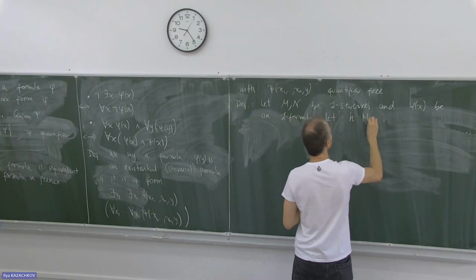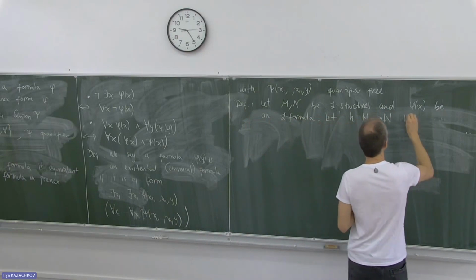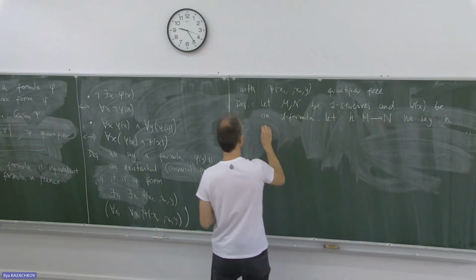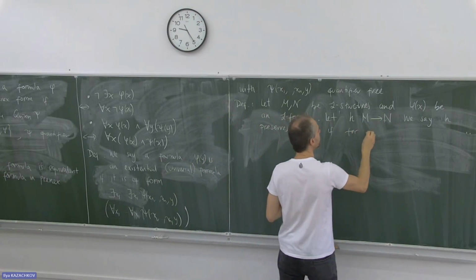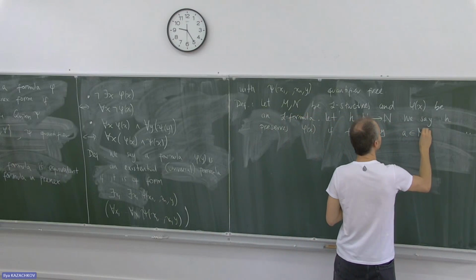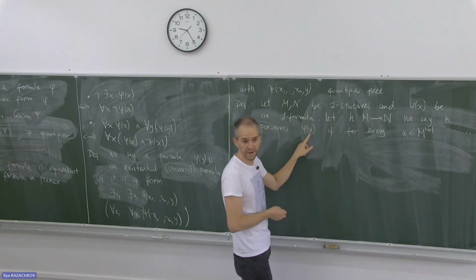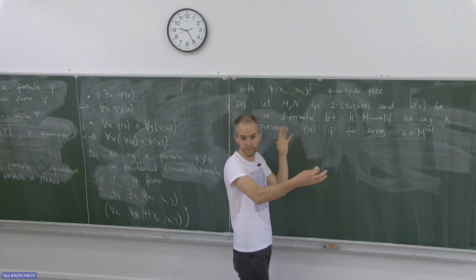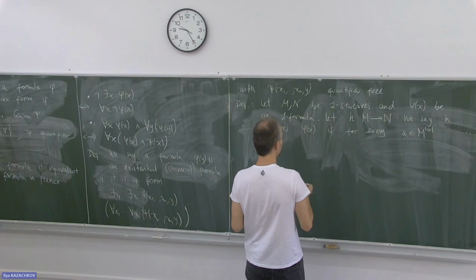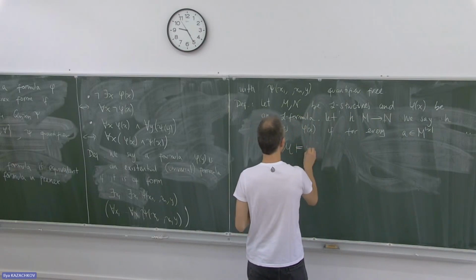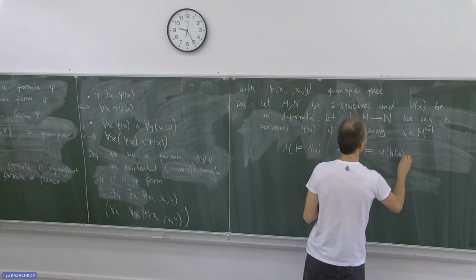Let H be a map between M and N. We say H preserves the formula phi of x if for every tuple A in M to the n, where n is the length of the multivariable x, so x here could be x1 up to xn, we have that if M satisfies phi of A, then the structure N has to satisfy phi of H of A.